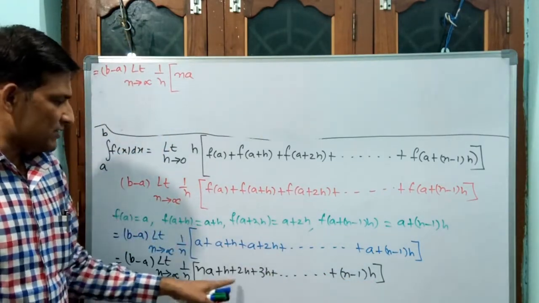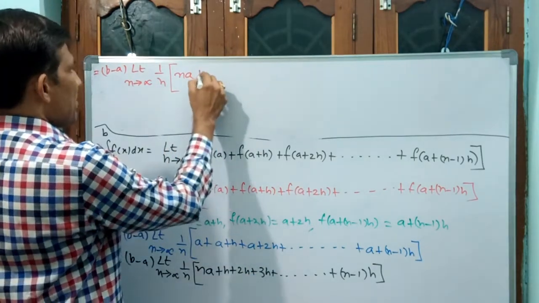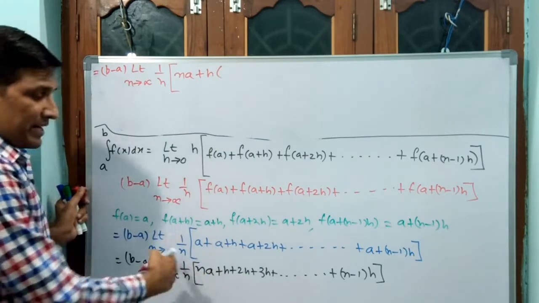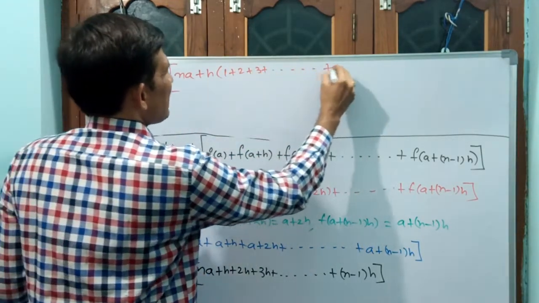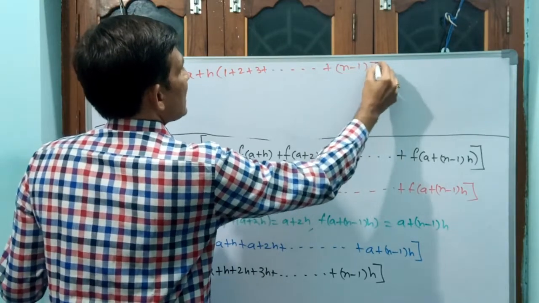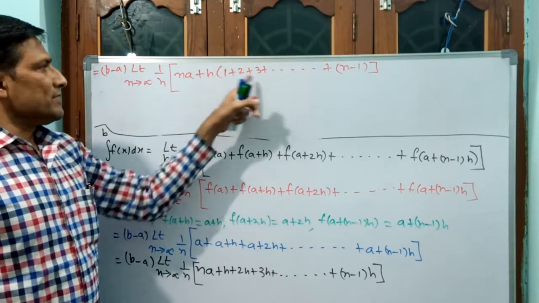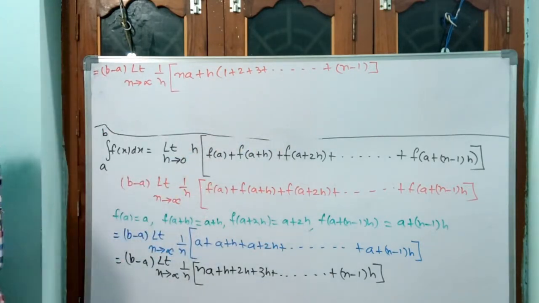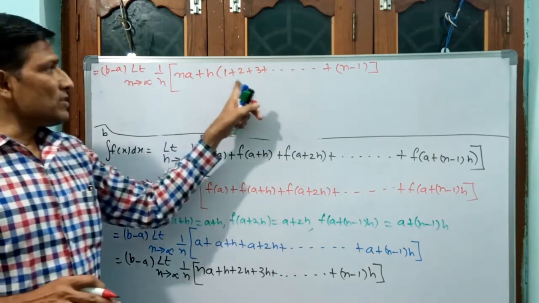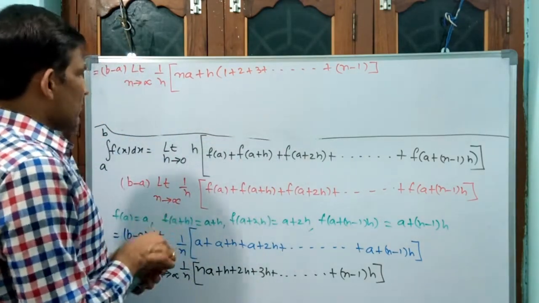I want to take h as common. Plus h I have taken common. If I take h, what is going to happen? 1 plus 2 plus 3 plus dash plus n minus 1. Why? Because h already we have taken out. 1h, 2h, 3h, n minus 1 into h. Same thing is there. You understand now? Now you see, now this series you have to find the sum of the series. See what is that formula I am writing.